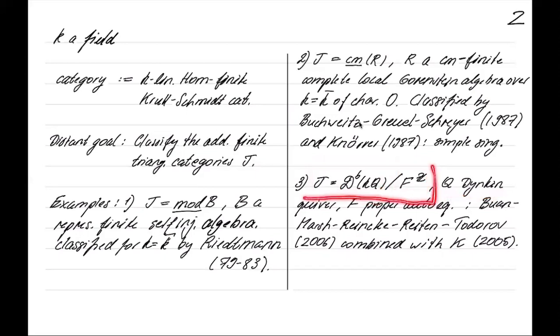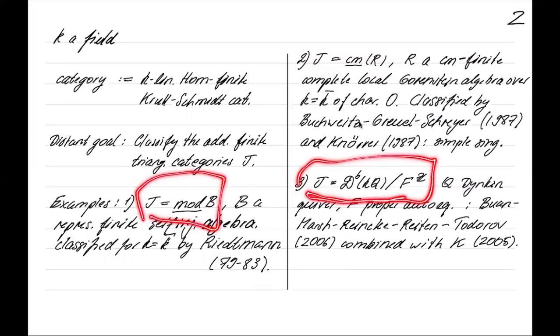Then we get this class of orbit categories. This class actually contains the class of the second example. And if we also admit suitable deformations of categories, then we get both classes as subclasses.